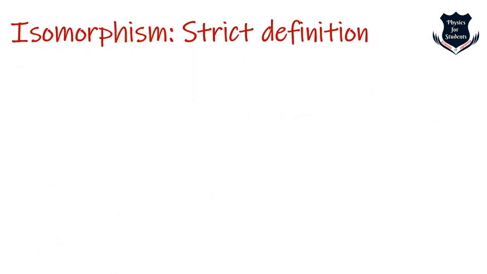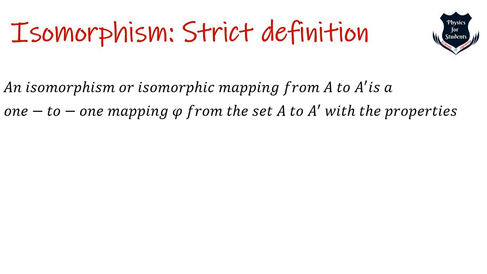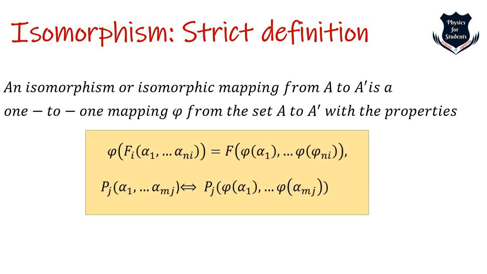Now if we go for a strict definition of isomorphism, then we get this: an isomorphism or isomorphic mapping from A to A prime is a one-to-one mapping from the set A to A prime with the following properties.